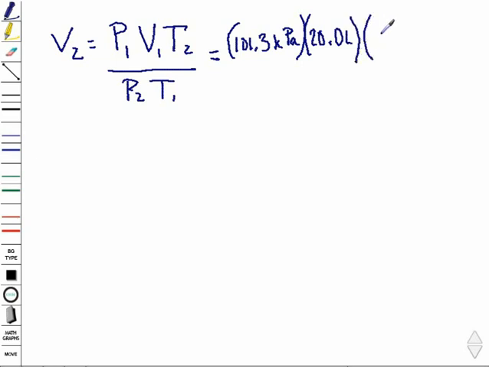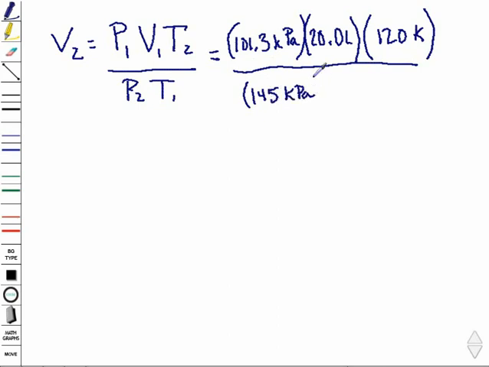Our temperature in the second container was 120 Kelvin. This is all divided by the pressure of the second container, which was 145 kilopascals, times the temperature of the first container, which was 273 Kelvin.